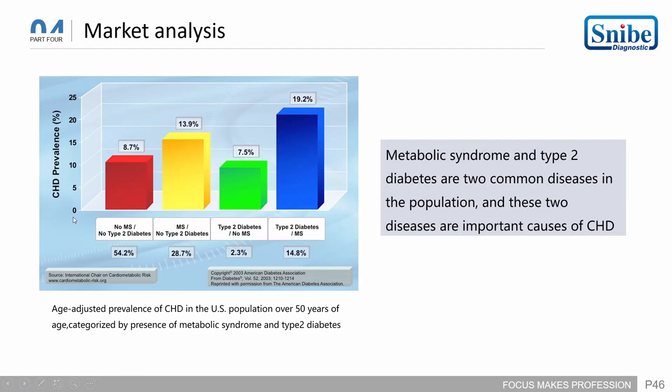The coronary heart disease prevalence is higher, at 19.2, in type 2 diabetes and metabolic syndrome cases, in comparison with metabolic syndrome alone.